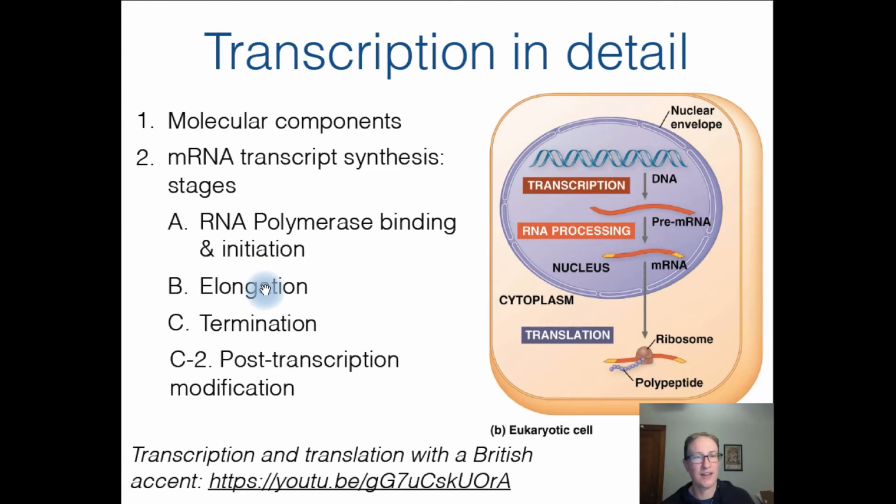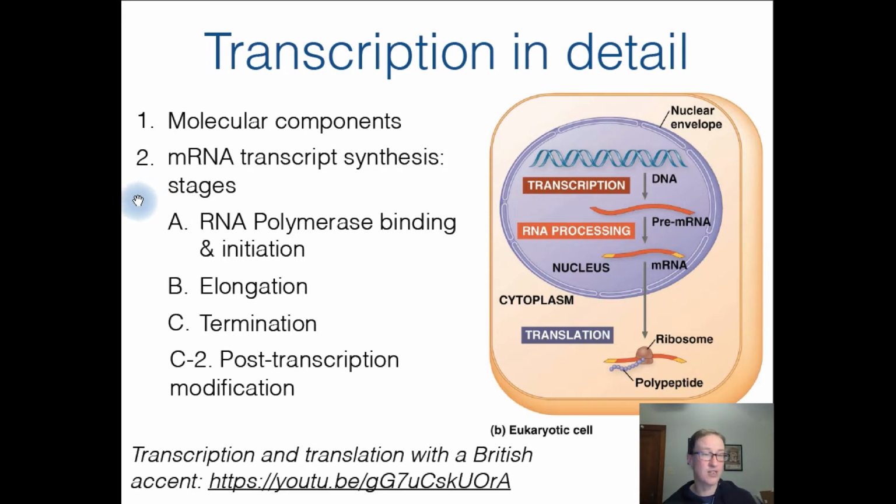Okay, so we'll take a look at the molecular components, and then we'll look at stages of synthesis of a messenger RNA transcript. There are three major stages to that process, followed by post-transcription modification.